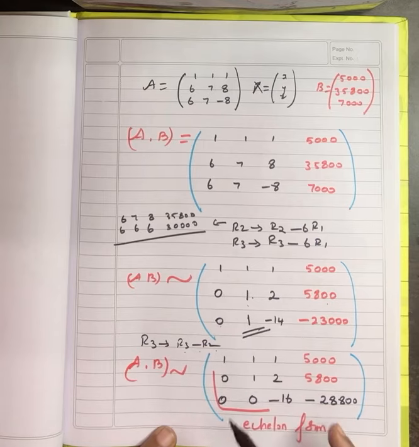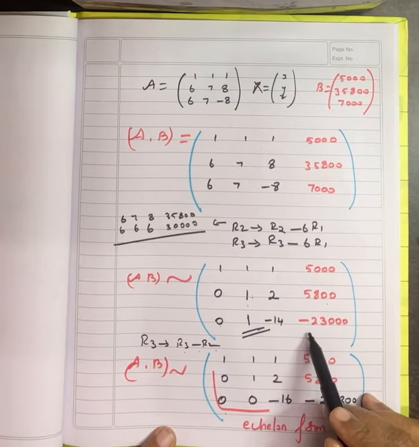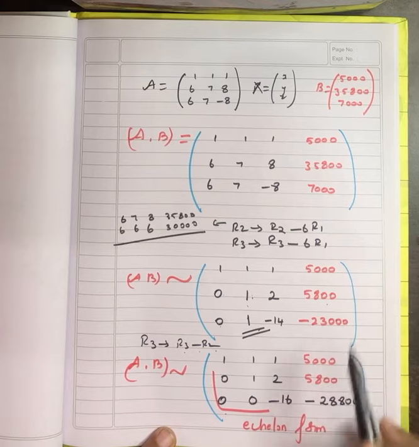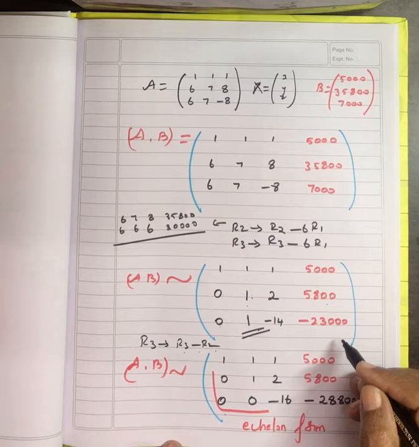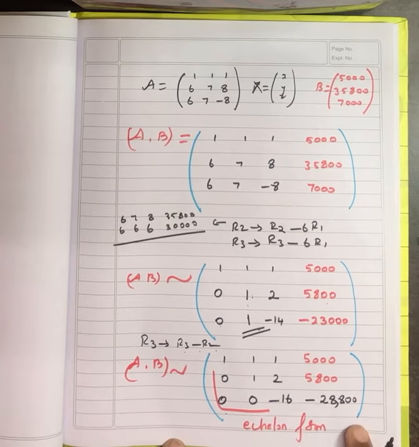So 0 minus 0 is 0, 1 subtraction 1 is 0, minus 14 minus 2 is minus 16, minus 23,000 subtraction 5,800, so it is minus 28,800. Okay, it is an equivalent form.